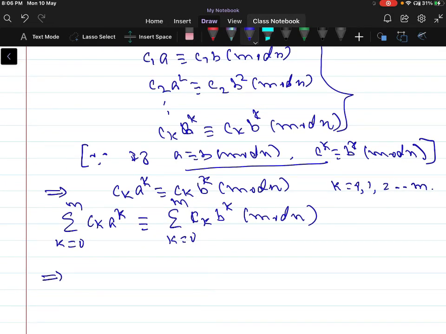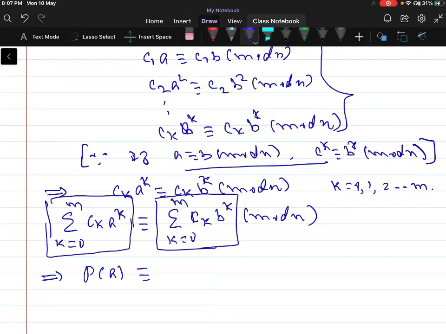This can be written as p of a is congruent to p of b modulo n.